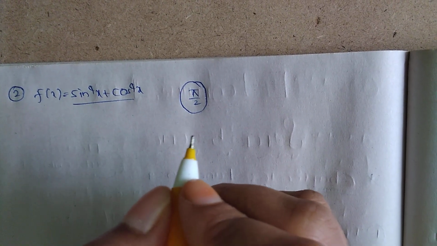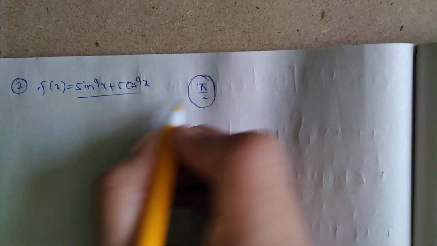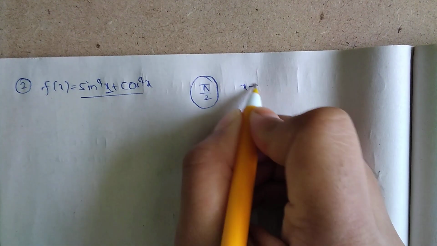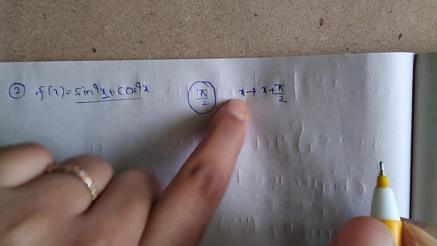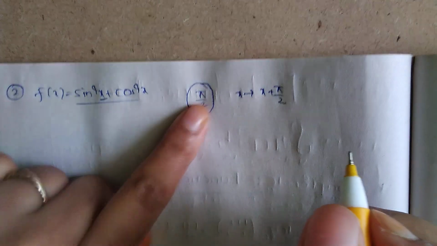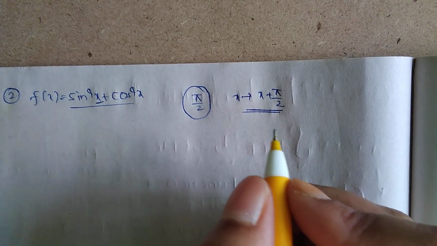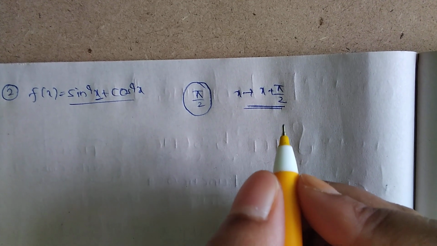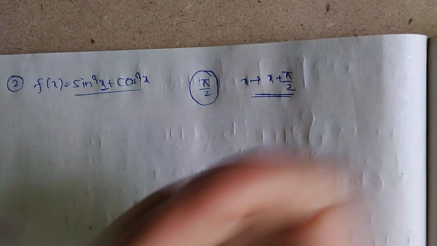We have the main way also, but listen carefully. Substitute this x with x plus pi by 2. Even if you substitute x with x plus pi by 2, if pi by 2 is the period, we have to get the same answer. That is the meaning of period, right? Values should be repeated.